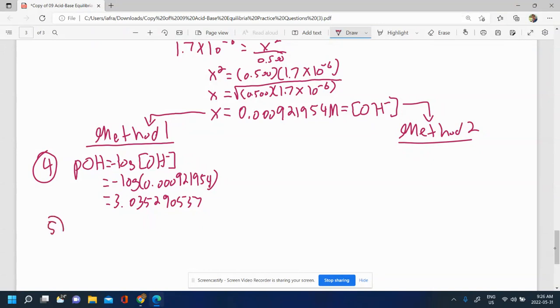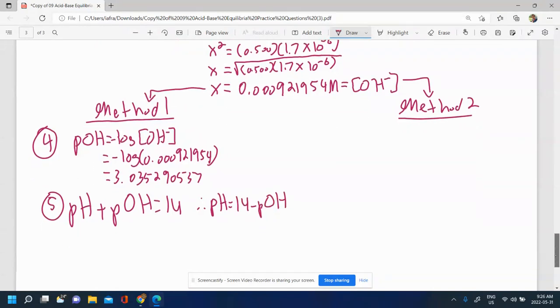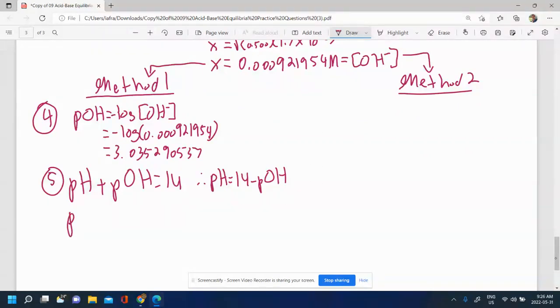Step 5 would be, well, we know pH plus pOH is equal to 14. Therefore, pH is equal to 14 minus pOH. So now that we have that, we can just plug that in. So pH is equal to 14 minus the 3.035 we found earlier. And that gives us 10.9647, so on and so forth, or approximately, to how many sig figs do we have?